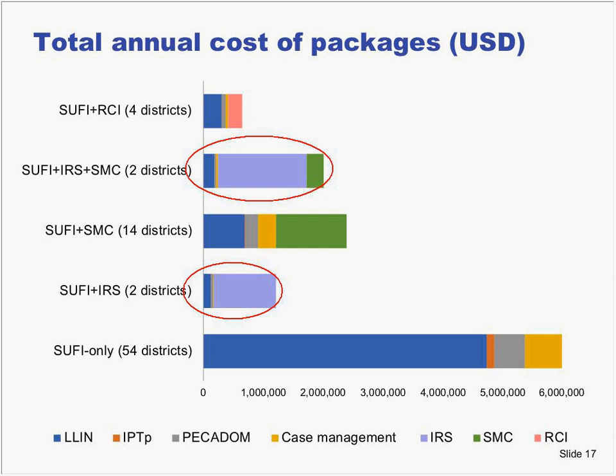We see a similar level of domination when we look at the middle bar, which represents Sophie plus SMC. Here, the SMC piece, the green part, is almost the same as everything in Sophie. And remember, Sophie has 4 different interventions in that package. So in the Sophie plus RCI package, the first bar from top, the red piece represents RCI.